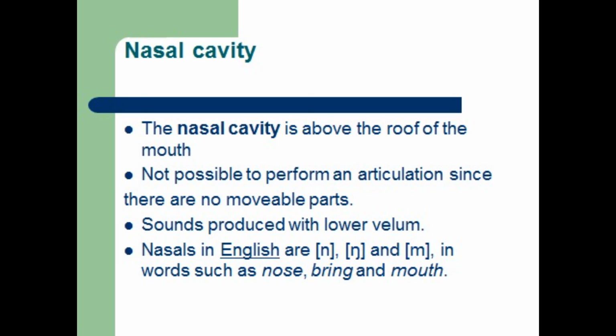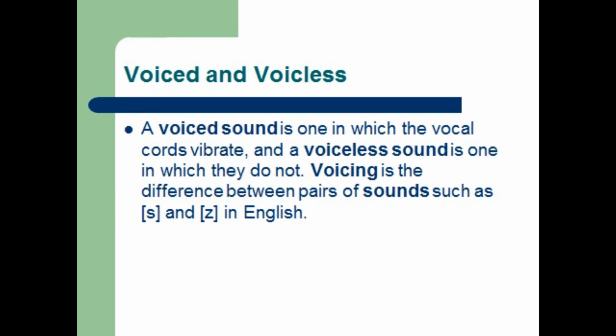We come now to the sounds which are voiced and voiceless. Voiced sounds is the term ascribed to sounds where the vocal cords vibrate, as we mentioned. Voiceless sounds are produced where there is no vibration in the vocal folds.